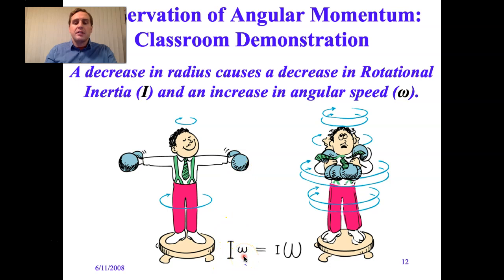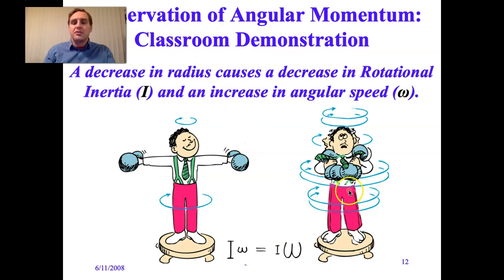But as soon as they bring the weights inward, they decrease their radius, thus decreasing their rotational inertia, and thus their angular velocity increases quite a bit. So rotational inertia is inversely proportional to angular velocity when angular momentum is conserved.